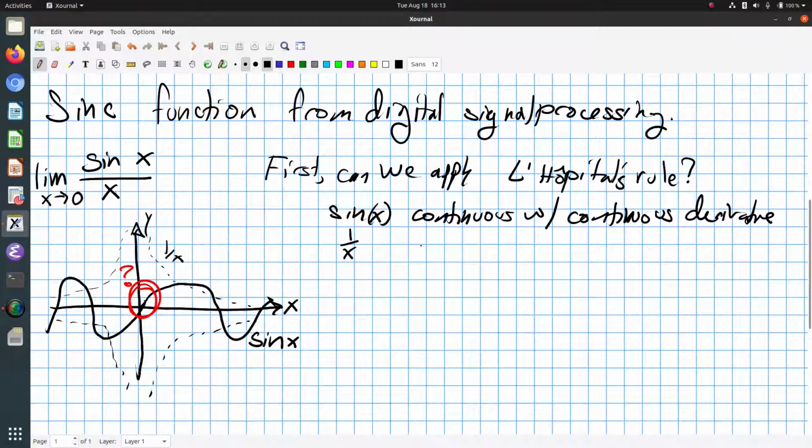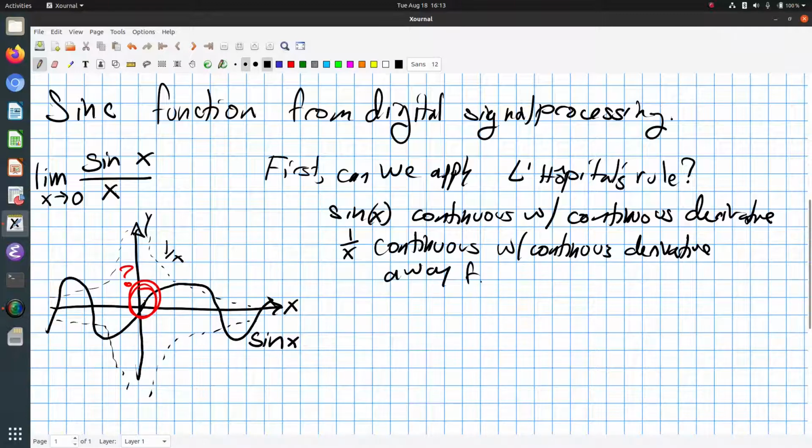So 1 over x is continuous with continuous derivative away from x equals 0. So, yes, it applies.